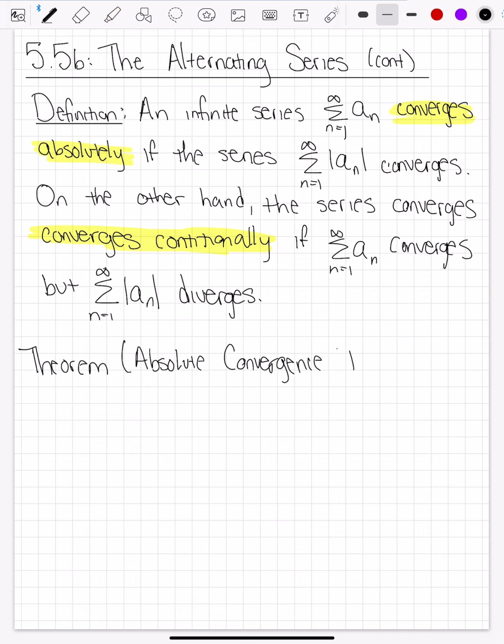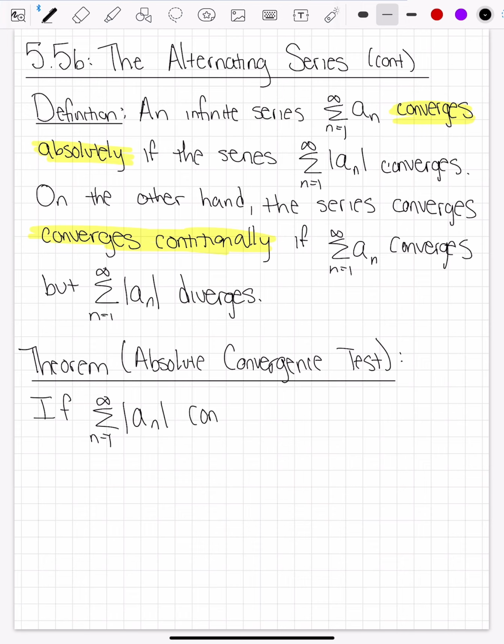For us to check if a series converges absolutely, what we have to check first is if the absolute value converges, because if the absolute value converges, then we're guaranteed that the original series also converges.